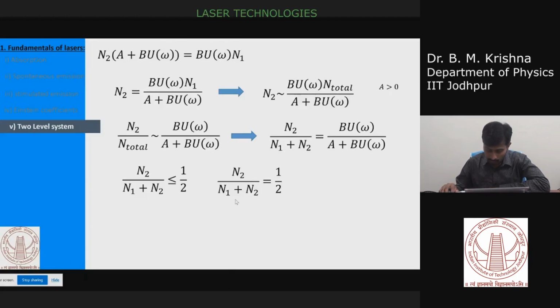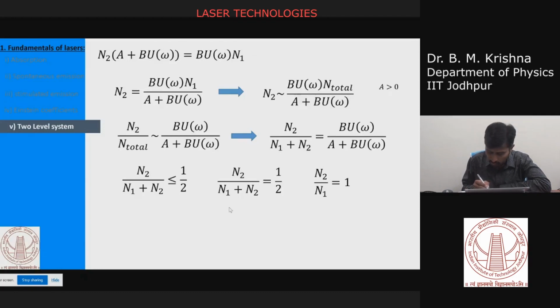Okay, so now the first case: N2 by (N1 plus N2) equals one half. So now what happens, you send this towards this side and this one to this side, you will get 2N2 equals N1 plus N2.